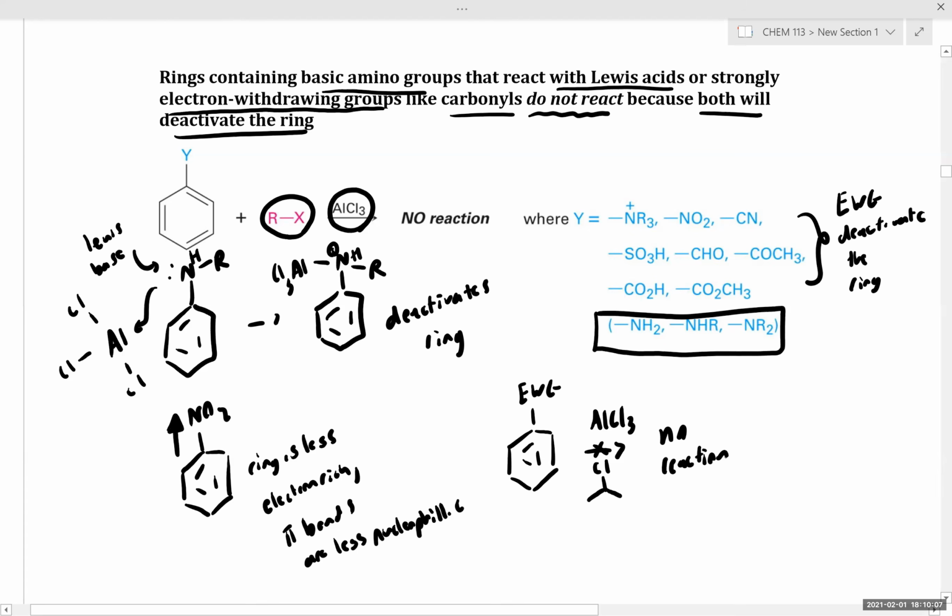So the key thing you need to know from this limitation, we have to make sure that the ring is free of amine functionalities that are unprotected, because those amines can react with our Lewis acid or react with our electrophile, and that deactivates the ring. And electron withdrawing groups deactivate the ring and make it so that it's not sufficiently nucleophilic for Friedel-Crafts alkylation to occur. Do these limitations make sense?